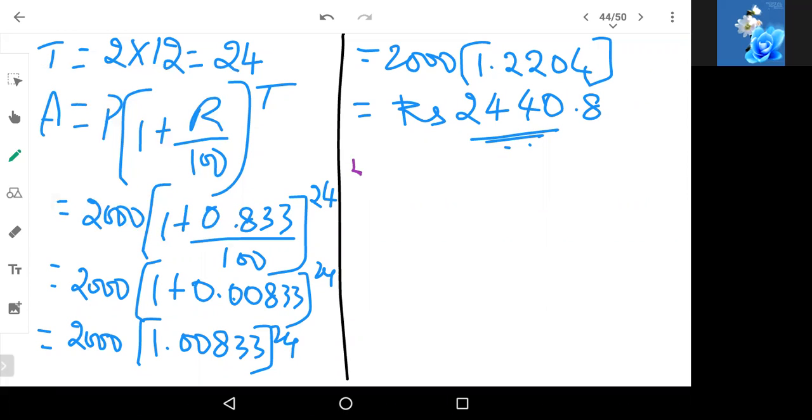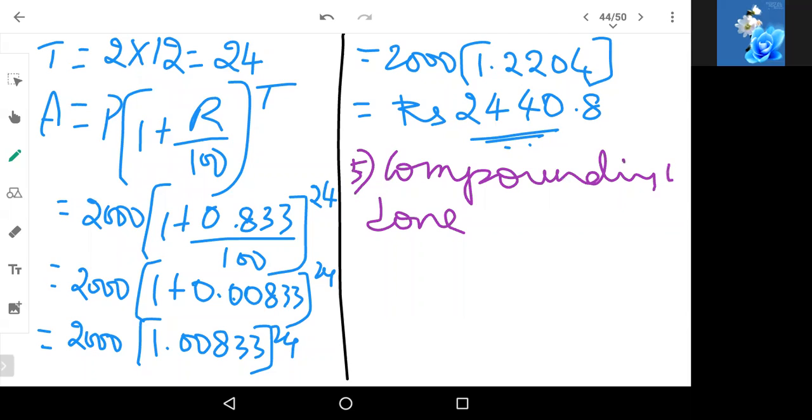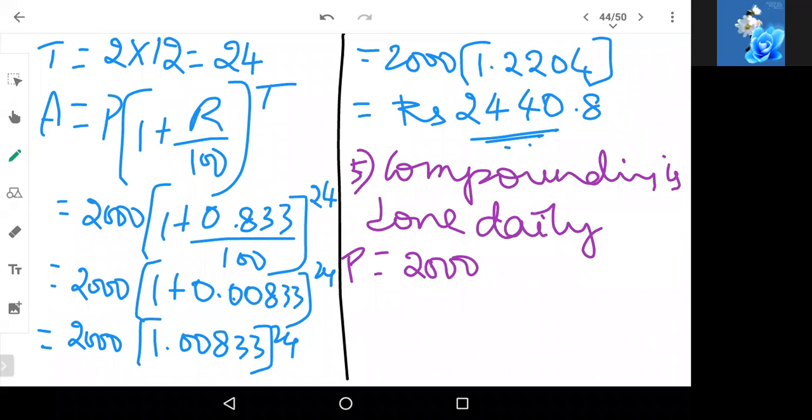So the last one, compounding is done daily. So principal is 2000, rate is 10 divided by 365.